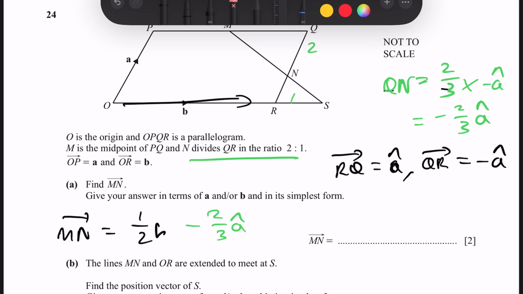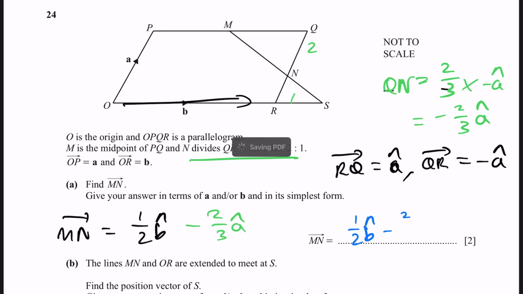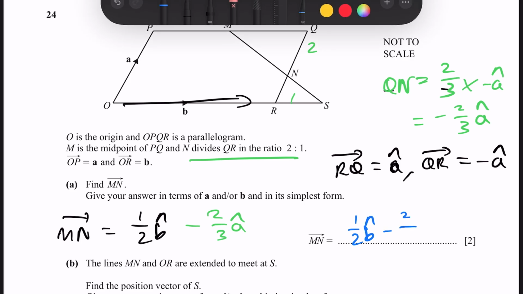Yeah, half B. Therefore, MN is equal to half B minus 2 by 3A.